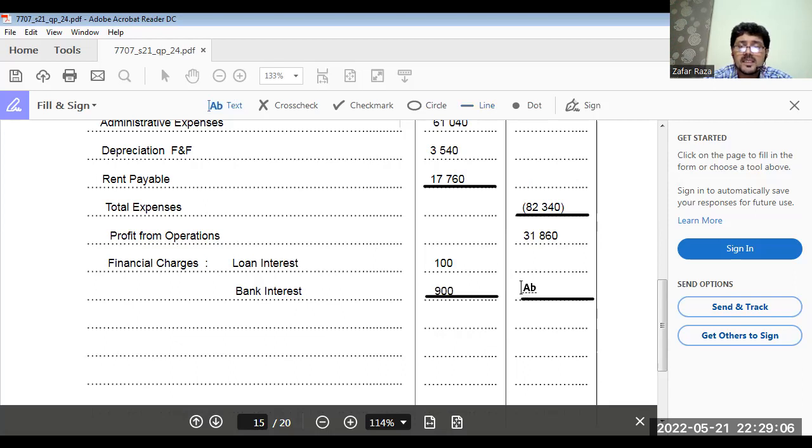Keep it in a bracket. Now 30,860 is your profit.